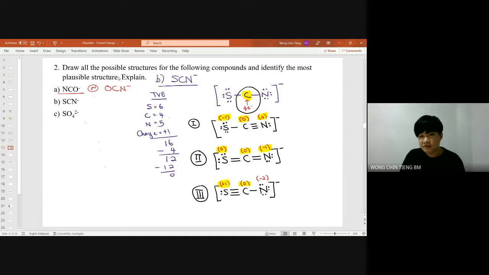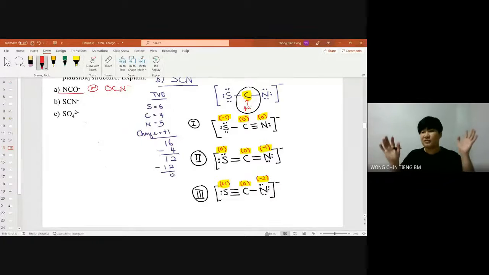Positive 1, 0, negative 2. Sama, kita still dapat negative 1. Before you move on, check dulu formal charge yang kamu rasa senang tu. Sebab kalau formal charge kamu salah, formal charge hilang markah, plausible hilang markah, reason hilang markah. So it's not about that 1 mark, it's about the rest of the marks. Always.